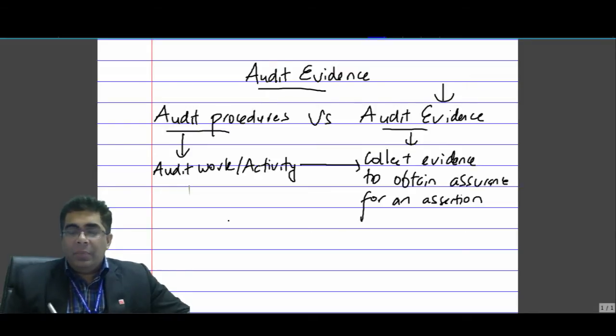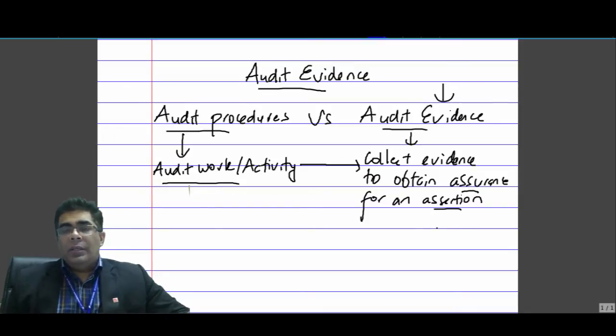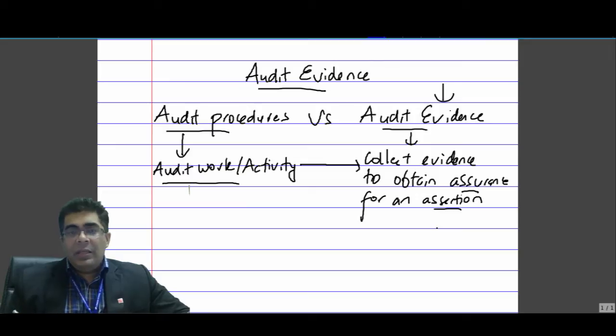Example, let's say I want to obtain an assurance that the revenue stated in the financial statements is complete. So let's say I want evidence on completeness.